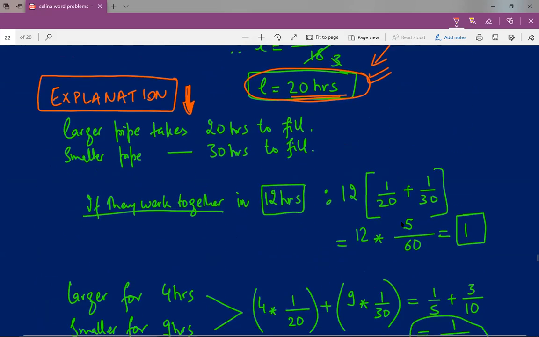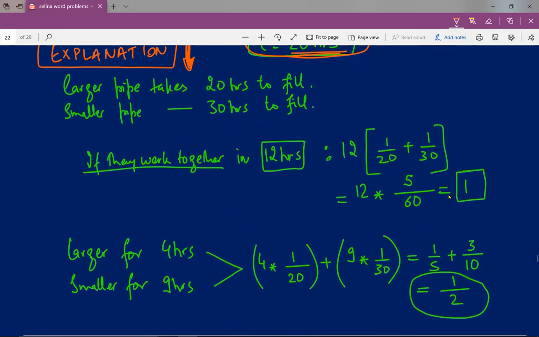And now let us relook at the question. The larger pipe takes 20 hours to fill the pool when it is working alone. The smaller pipe takes 30 hours to fill the pool when it is working alone. See here they are working alone.